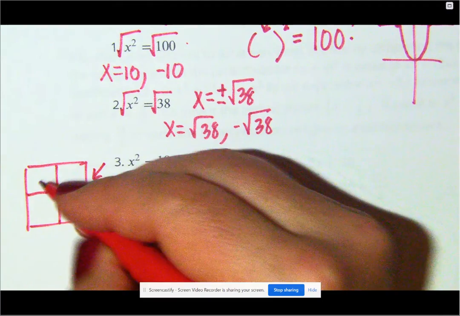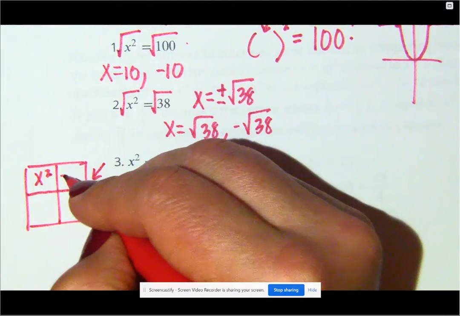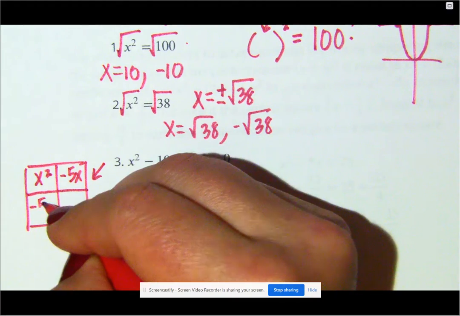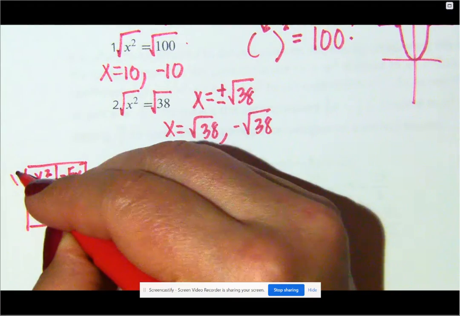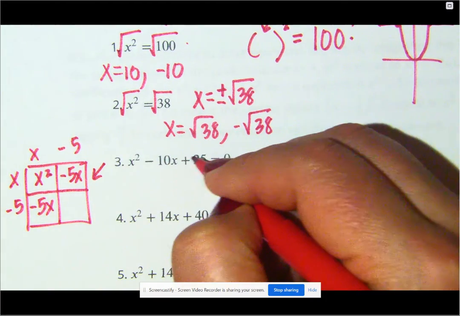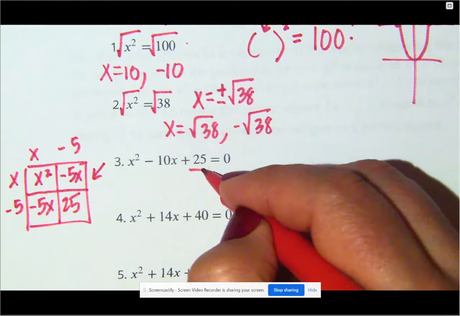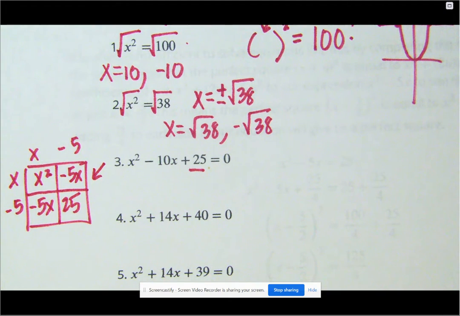So if I put x squared right here, and if I split negative 10 in half, I get negative 5x and negative 5x. So that's x, negative 5, negative 5. If this is already a perfect square, this number should be 25. Yes, it is. I don't even have to do anything to this.